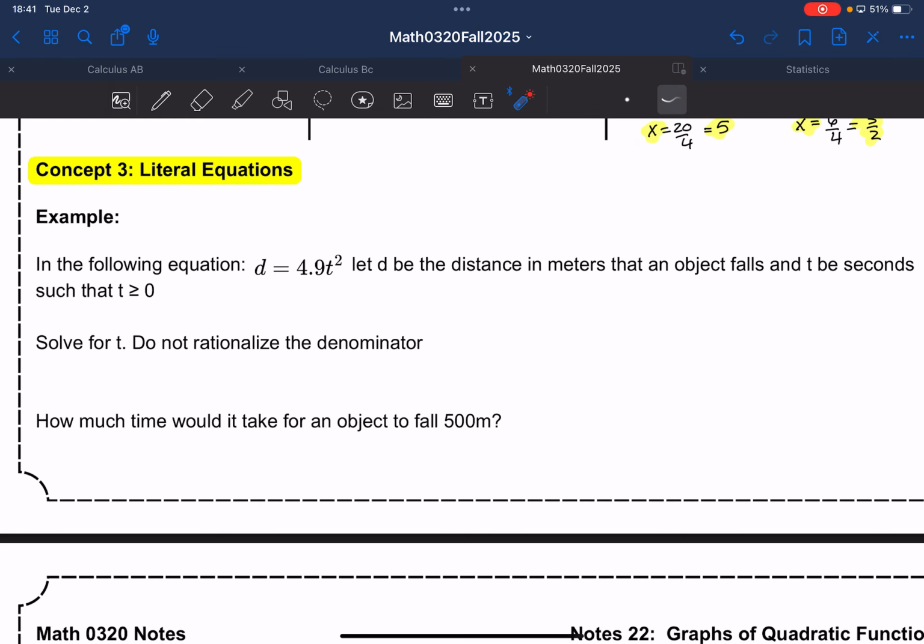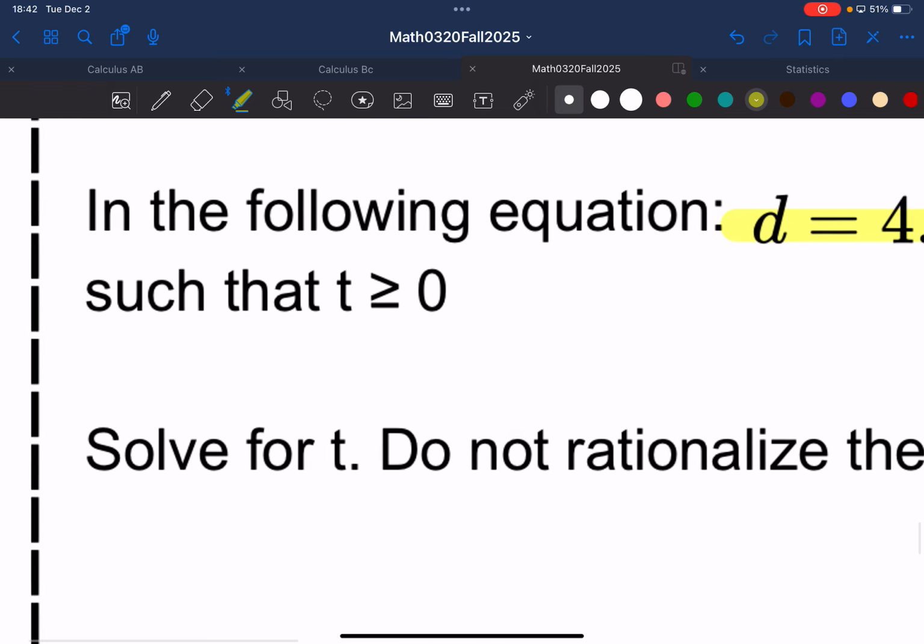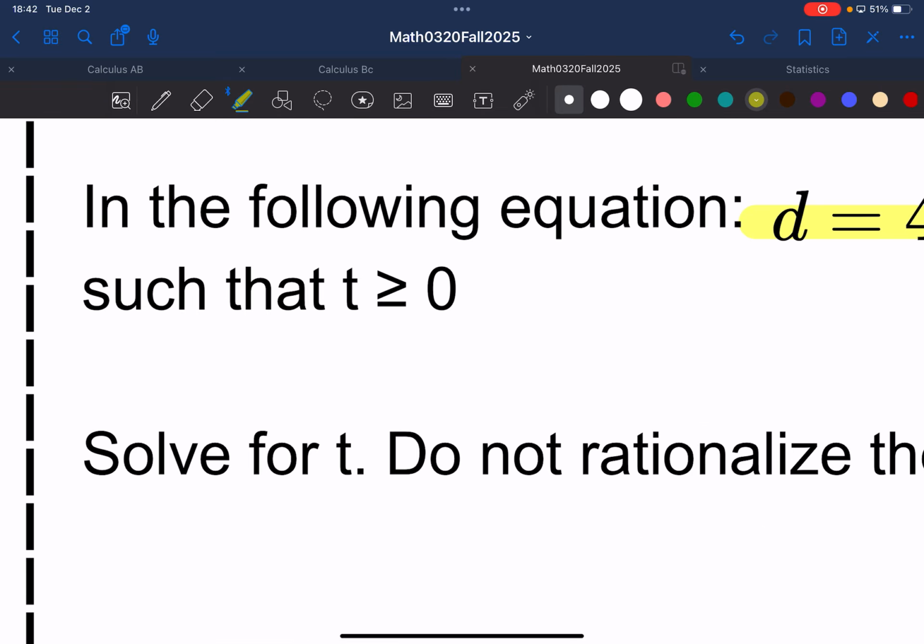So it says in the following equation, d is equal to 4.9 t squared. Let d be the distance in meters that the object falls and t be seconds, such that t is greater than or equal to 0. Why is that important? Because we're talking about a real problem, right? And we're talking about seconds.